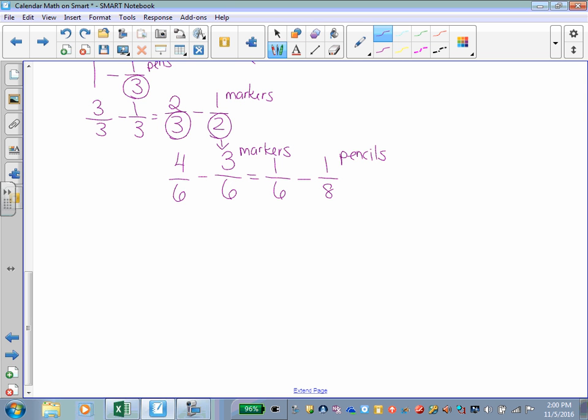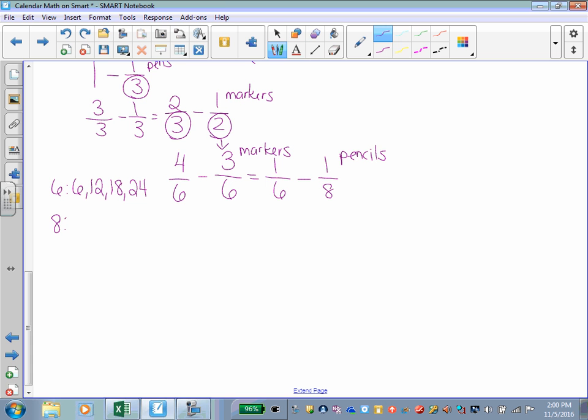Now I want you to look at it as what multiple can both 6 and 8 get to? If you have a 6 and you have an 8, then you can list your multiples to see what they get to, a common multiple. Well, 6 times 1 is 6, 6 times 2 is 12, 6 times 3 is 18, 6 times 4 is 24.